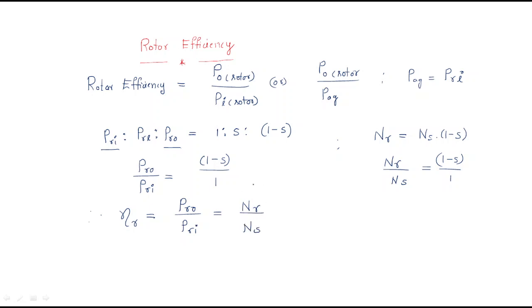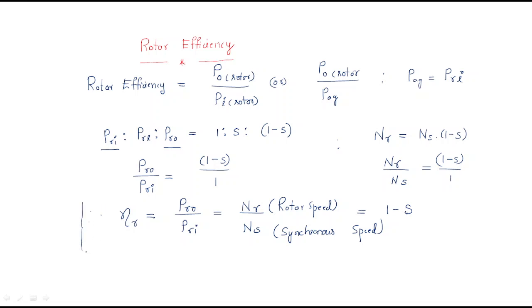Here Nr is the rotor speed, or the induction motor speed, and Ns is the synchronous speed of the flux. The flux consists only of the synchronous speed. So that's why this is nothing but 1 minus S.